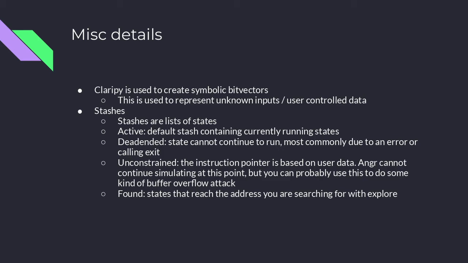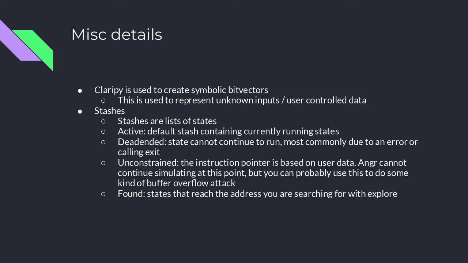Well, in parallel, you know, Python doesn't actually have true parallelism, etc. Anyway, dead-end states are states that are broken. Like if you jump to a null pointer, or if you call exit like a good programmer, or you call abort through a failed assertion or something, that state goes into dead end, and Angr will no longer evaluate that state, but it'll keep it around in case you want to look at it later.